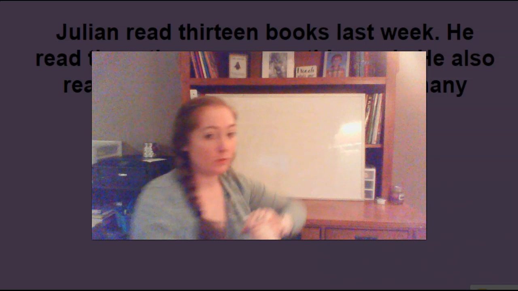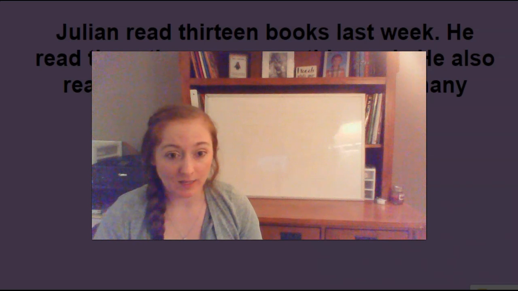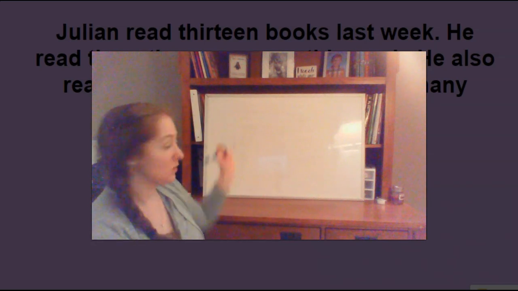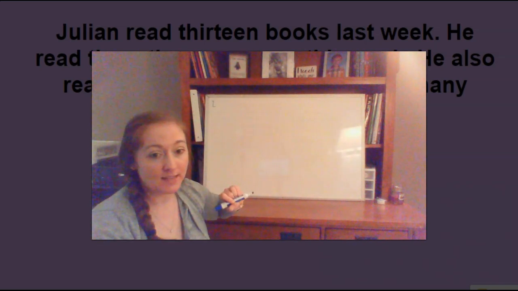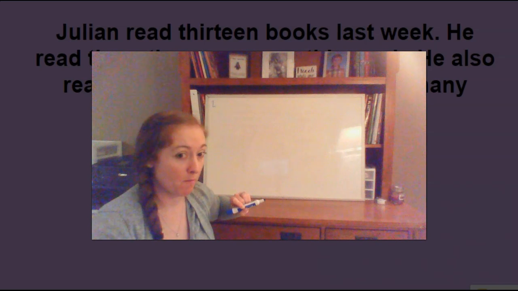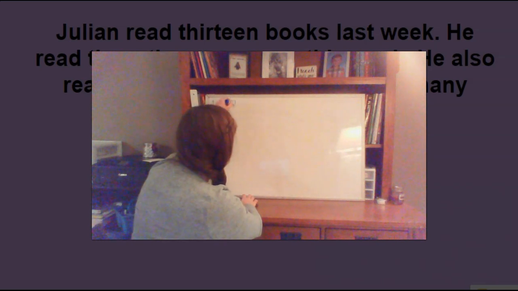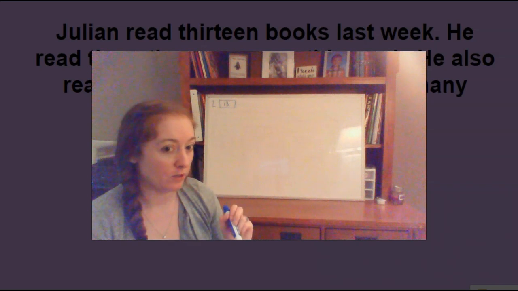All right. So the first thing we have to do when we read a word problem is pull out what we know. So we know that last week he read 13 books. So I'm going to put an L for last week. And I'm going to draw a rectangle. This is going to be our bar model. So here's my bar for last week. And I'm going to write 13 in it. This is our known. We know that he read 13 books.